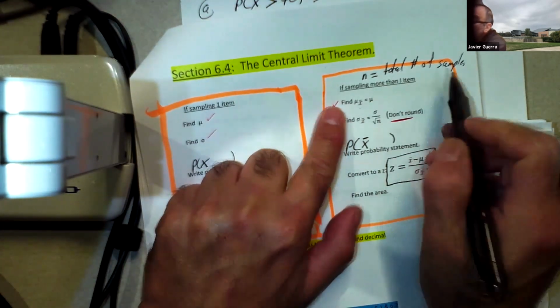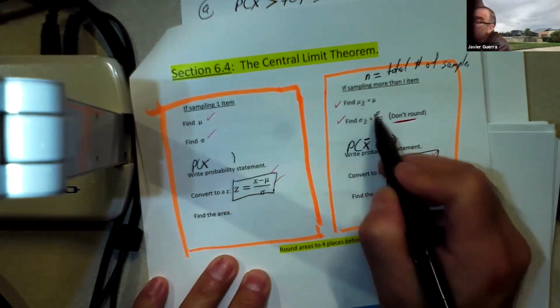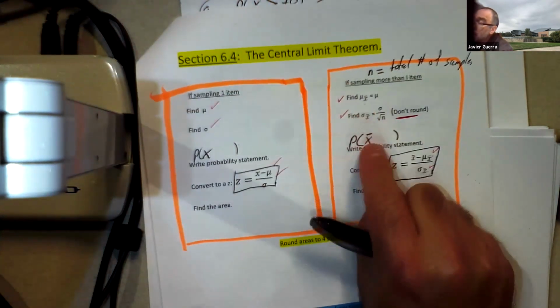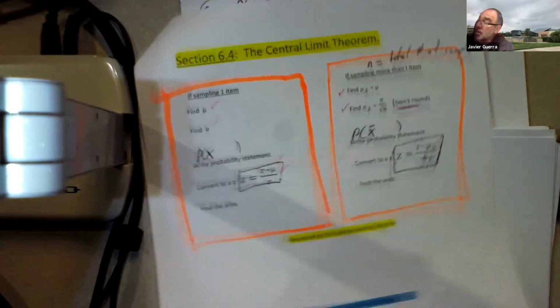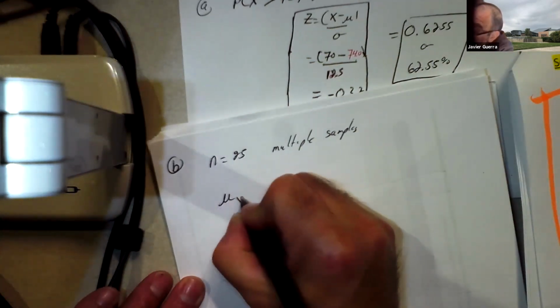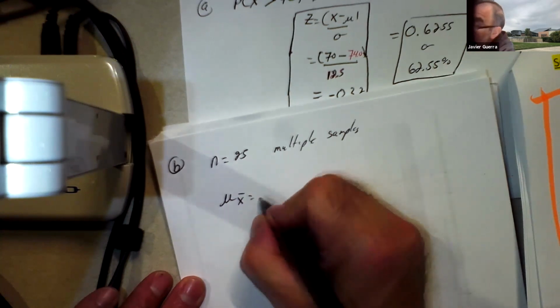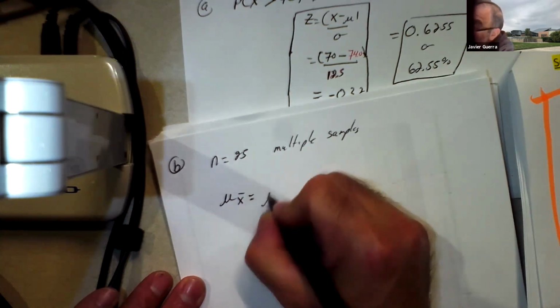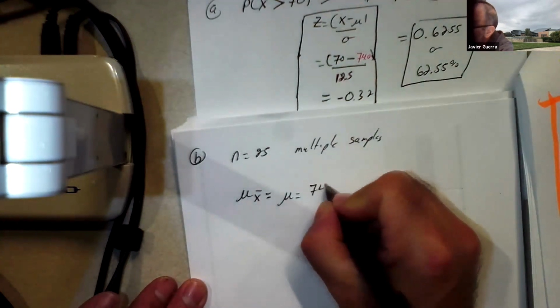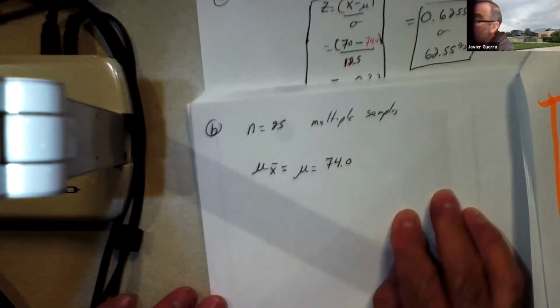I know your n is 25. I gotta find these two things: my mean of my means and my mean of my standard deviations. So my mu x bar is simply the same mu that we used in the previous part, which was 74.0.